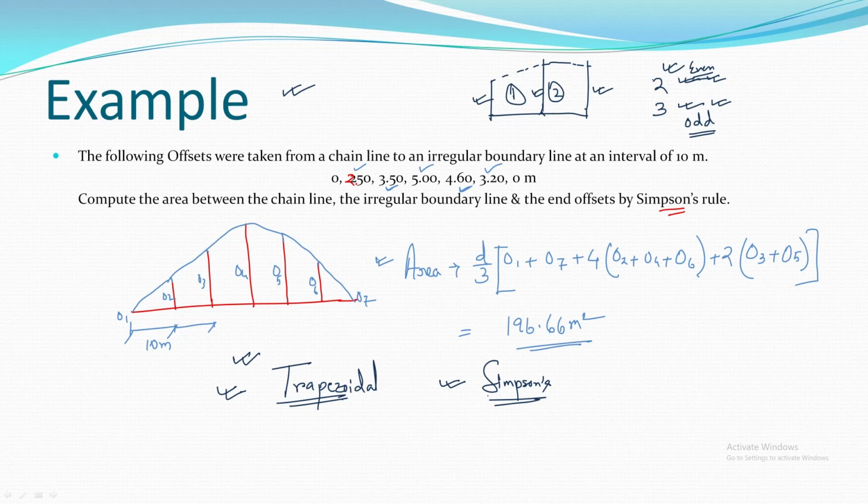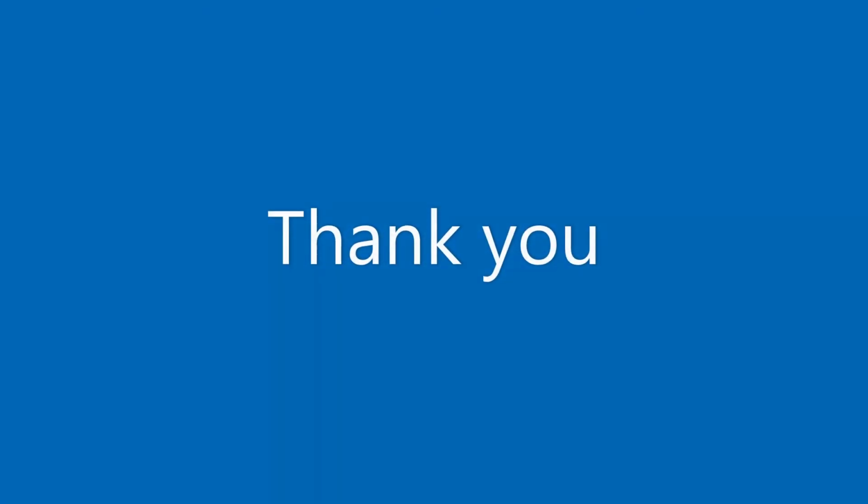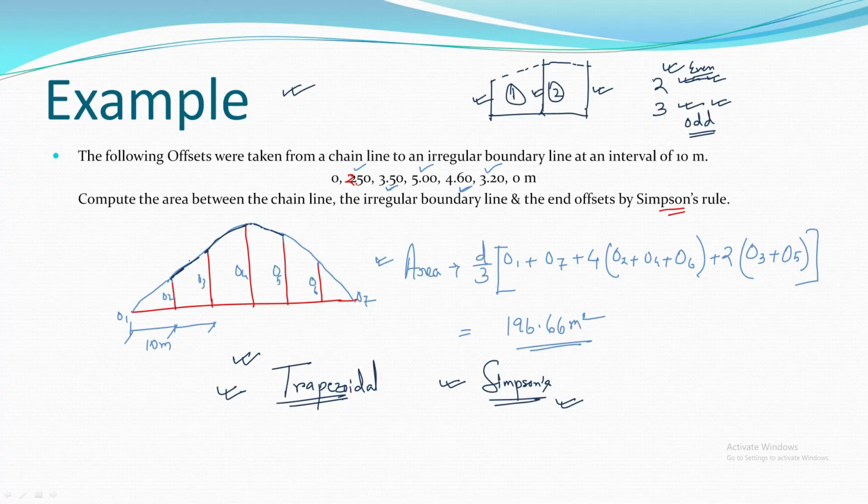Also, as we considered the boundaries in Simpson's rule as an arc of a parabola, the result is much more accurate in Simpson's rule compared to the trapezoidal rule. Okay. So, these are the basic differences between the trapezoidal rule and Simpson's rule.